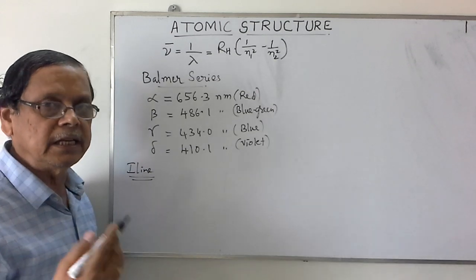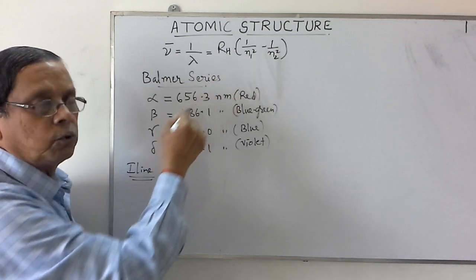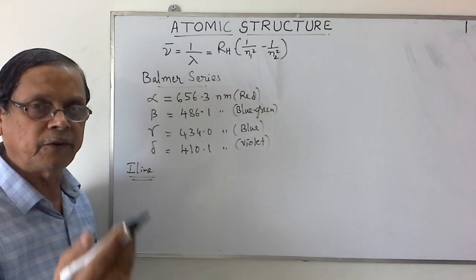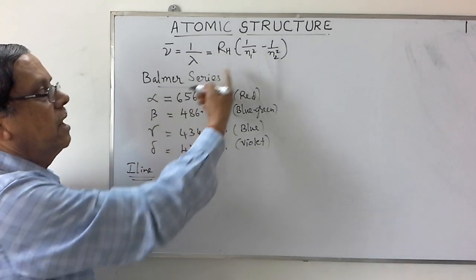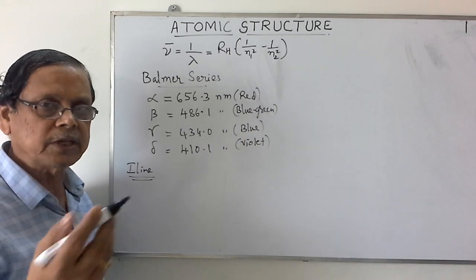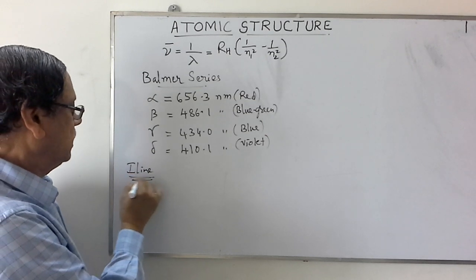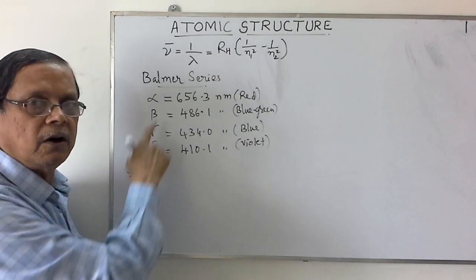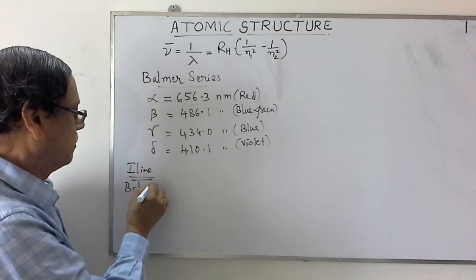Depending on the series of the line, for example in the Balmer series we have n1 is equal to 2, n2 may be 3, 4, 5, etc. In a similar way, for the Lyman series, n1 is equal to 1 and n2 is equal to 2, 3, 4, etc. That we have studied in the previous video. Now let us consider the calculation of the wavelength or wave number for the first line of the Balmer series.